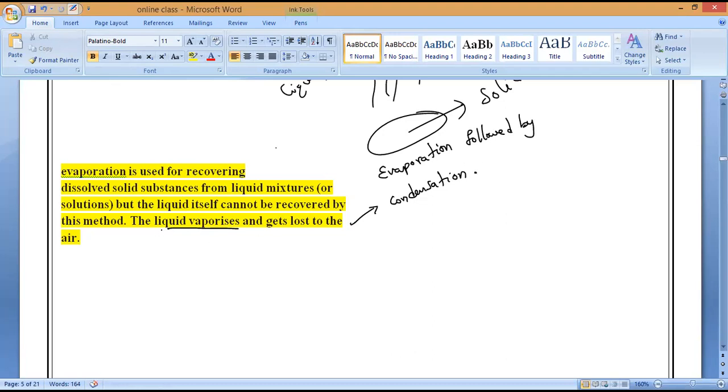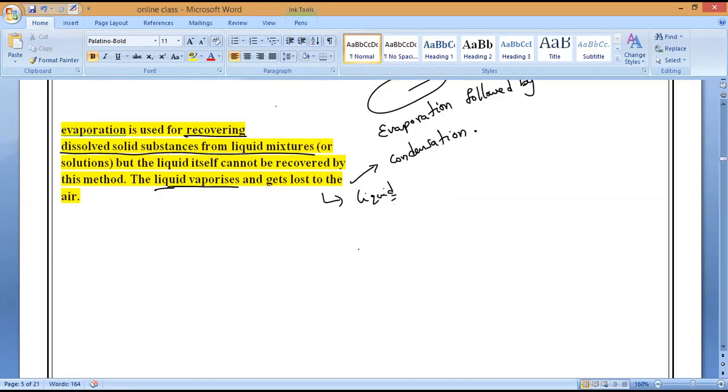Then I can obtain the vapors, condense them back into liquid, and store it. That is why evaporation is used only for recovering dissolved solid substances from a liquid mixture, not for obtaining the liquid separately. Understand everyone?